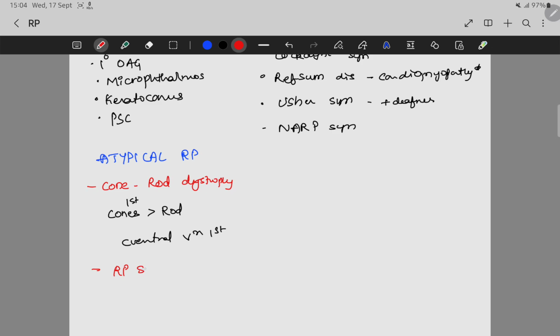Then retinitis pigmentosa sine pigmento, in which there are no pigment changes.